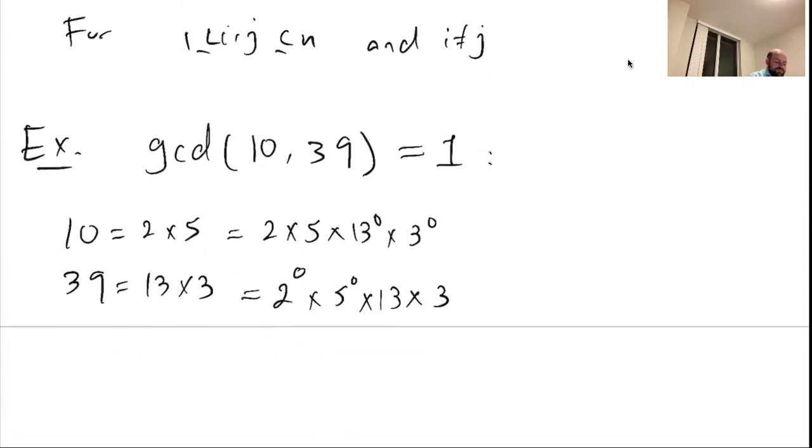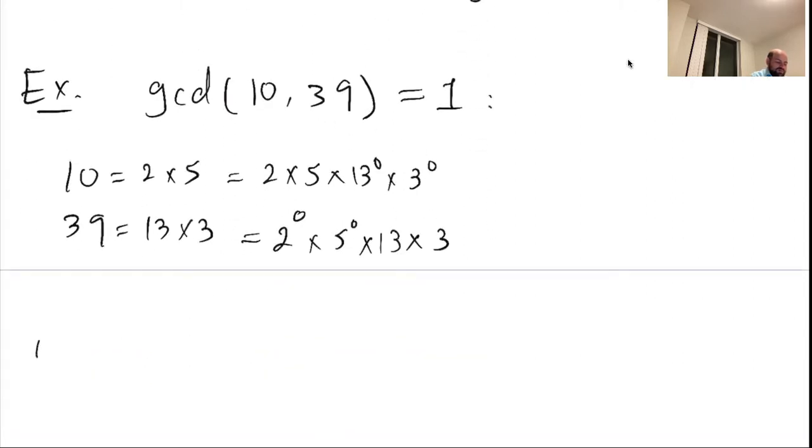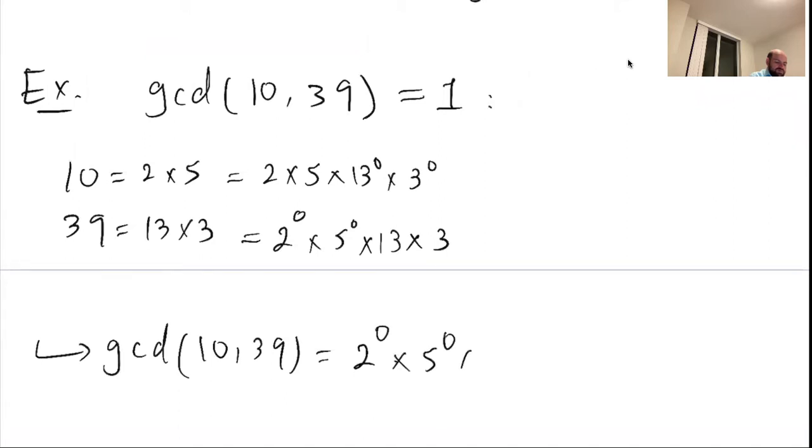times 3. And then that means the GCD of 10 and 39, I have to choose the smallest powers. So 2 to power 0 times 5 to power 0 times 13 to power 0 times 3 to power 0, and that's 1.